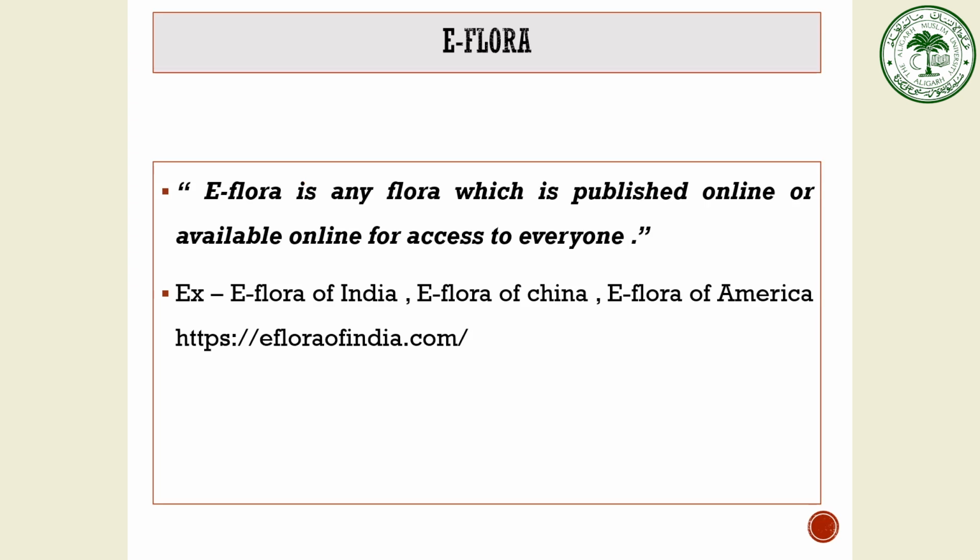The flora of India is also an example here, and you can reach the E-flora of India through this particular website. You can search any plant you would like to see where it is distributed in India, and get all the information on this website. So it is very important. You should note down this website if you have an interest in botany.